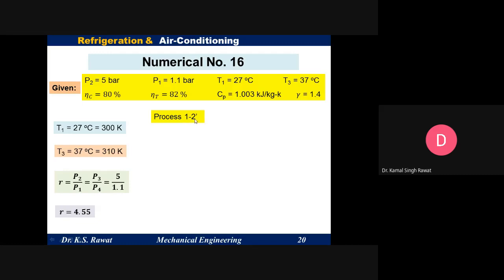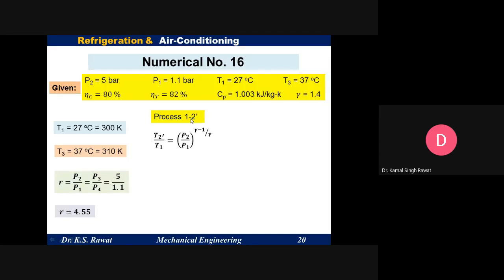I am not talking about process 1 to 2, I am talking about 1 to 2 dash. So for the process 1 to 2 dash, what is the relation we have? T2 dash upon T1. Very good. T2 dash upon T1 equals P2 divided by P1 to the power gamma minus 1 upon gamma.